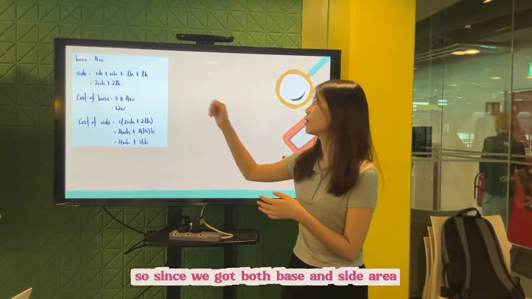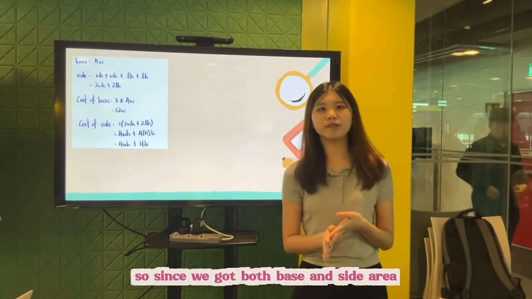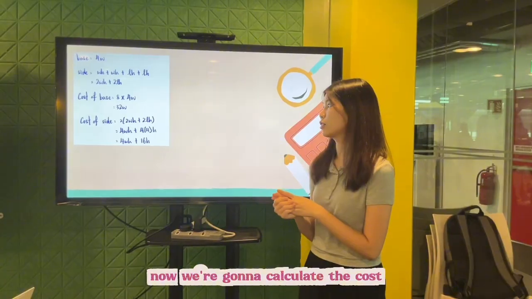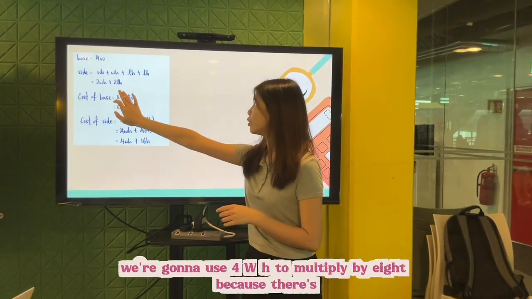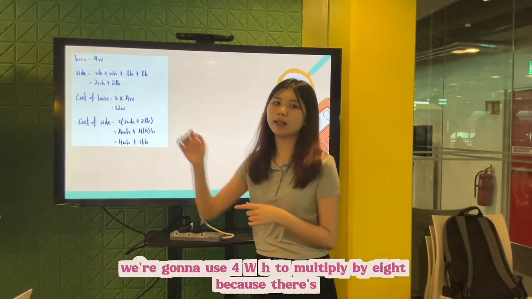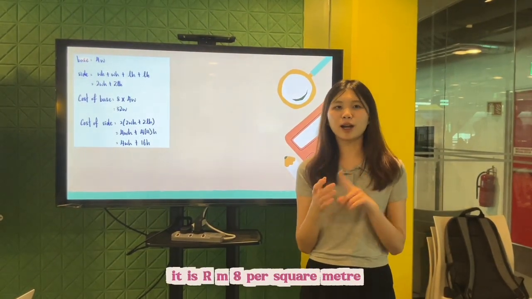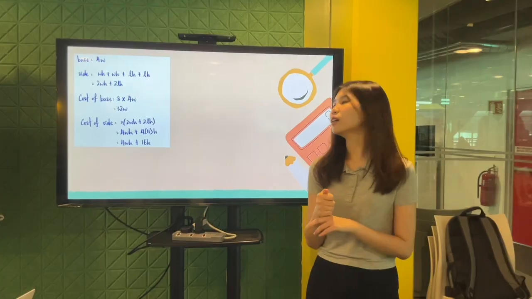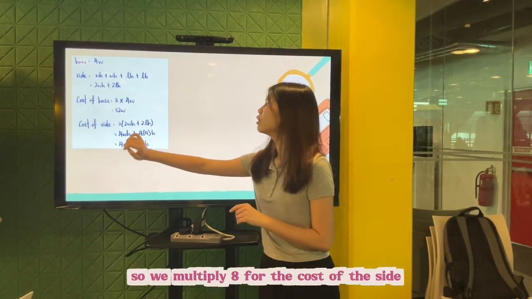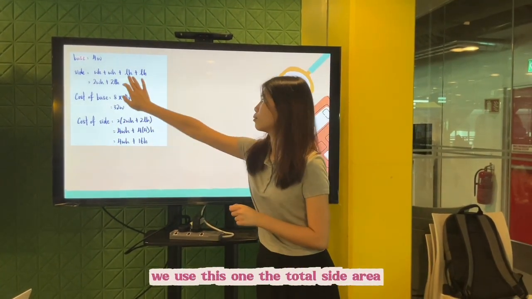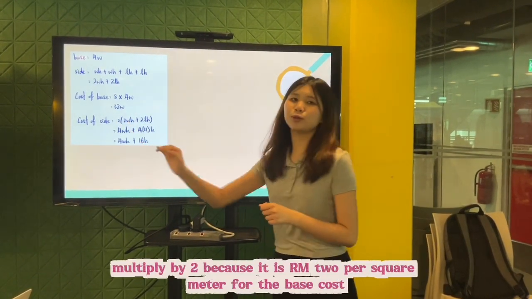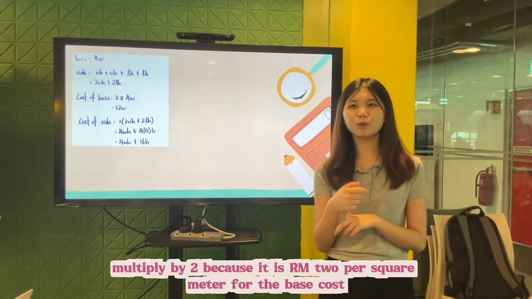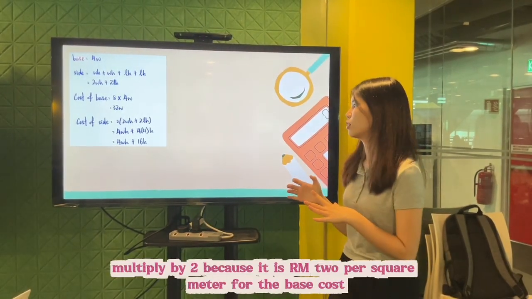So since we have both base and side area, now we're going to calculate the cost. For the base cost, we use 4W multiplied by 8 because it is Rm8 per square meter. For the cost of the side, we use the total side area multiplied by 2 because it is Rm2 per square meter.